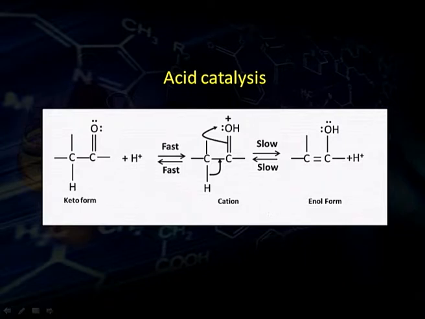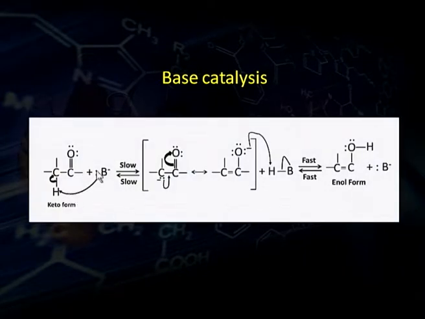In a similar way, we will see the base catalysis. Base, when it is treated with the keto form, it removes this proton and gets converted into the anion, and this anion is stabilized through resonance into another structure.